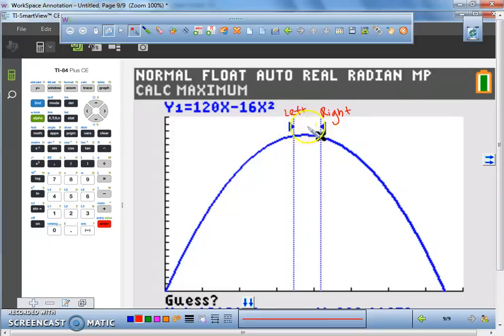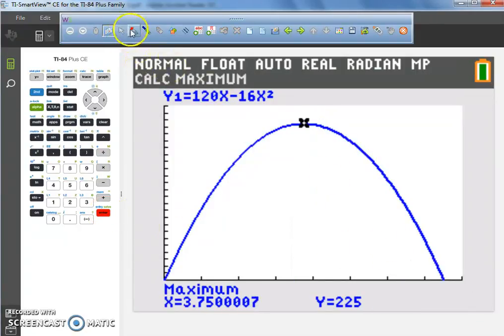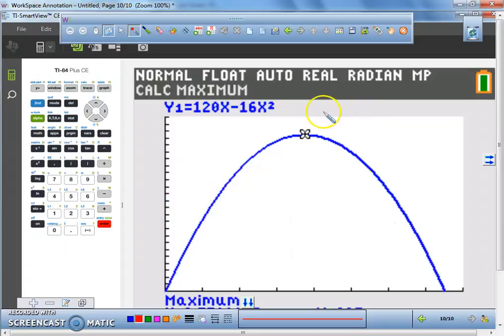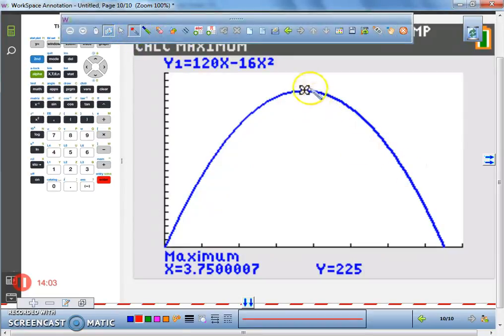Everybody should see at least those arrows right there. And our maximum somewhere in the middle. Finally, press Enter one more time. And what comes up on the screen is not error, hopefully, if you established the left boundary and right boundary. So right here is our maximum.